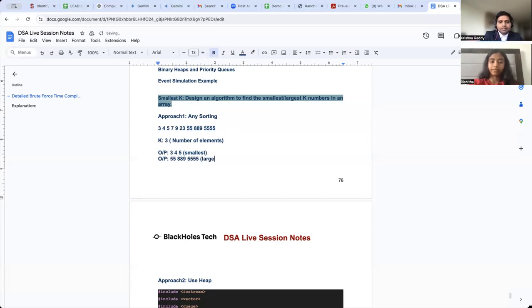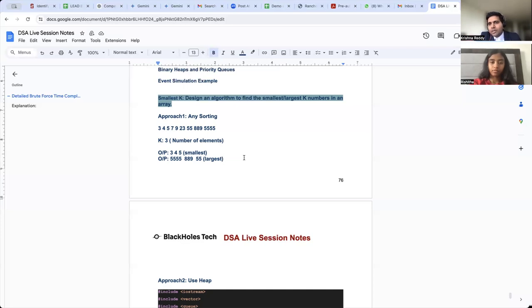But you should give them in reverse order, right? Still, with a sorted array it is very easy. For smallest values, give indexes 0, 1, 2. For largest values, give indexes n minus 1, n minus 2, n minus 3.